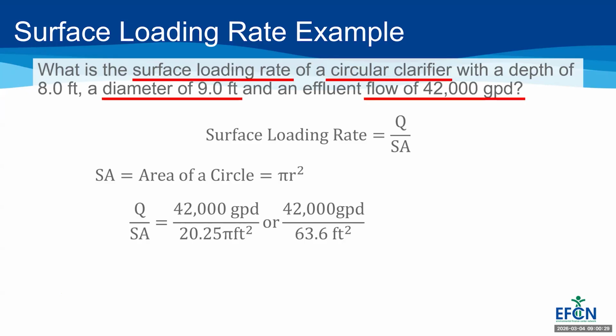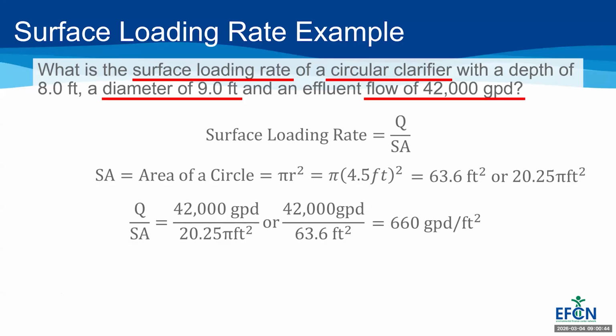I have things out of order again, I apologize for the backwardsness there. But pi times 4.5 feet times 4.5 feet gives us 63.6 feet squared. And we can divide 42,000 by 63.6 to get our answer of 660 gallons per day per square foot.